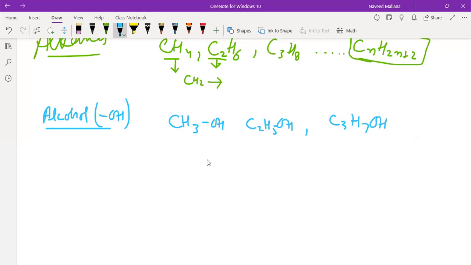Similarly, for n number of carbon, its general formula will be CnH2n plus 1 OH. This is the homologous series of alcohol.